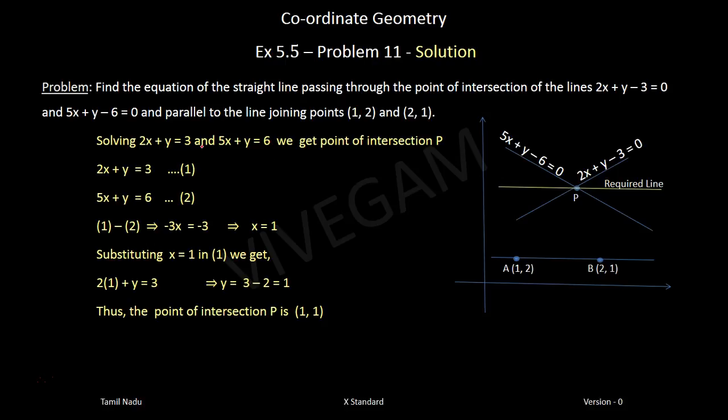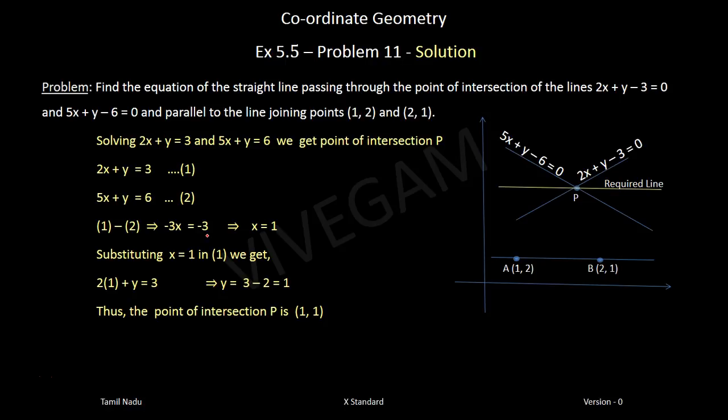Solution. Let's solve these two lines: 2x plus y equal to 3 and 5x plus y equal to 6. We can use the elimination method. Subtract equation 2 from equation 1. 2x minus 5x is minus 3x, y minus y gets cancelled, and 3 minus 6 is minus 3.